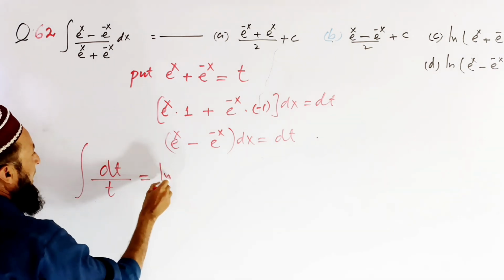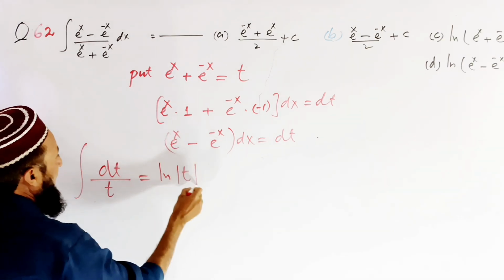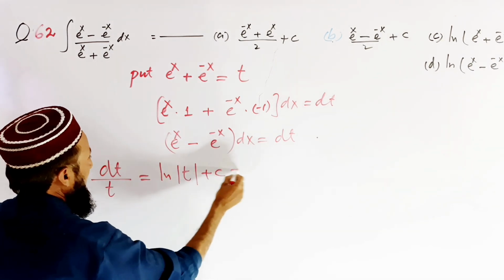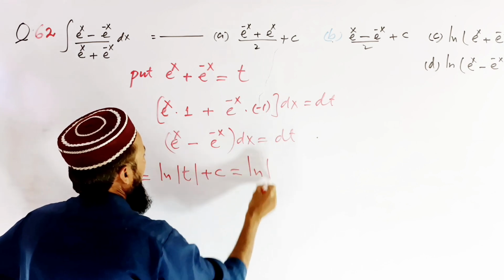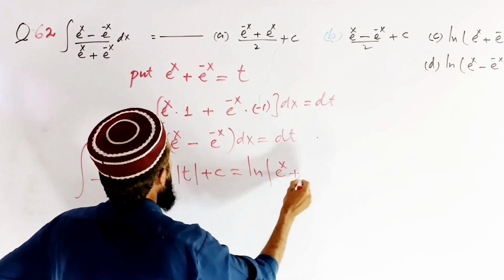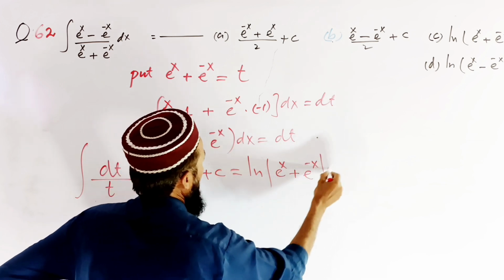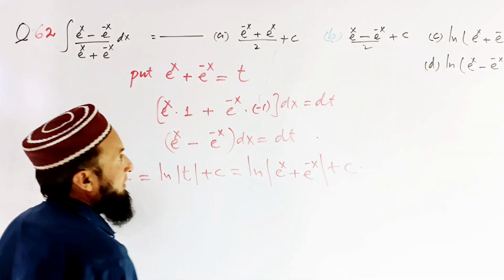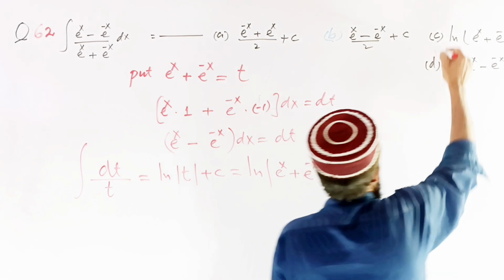So we can write log of t plus c. Log of t, we put here e power x plus e power minus x plus c, where c is the correct option.